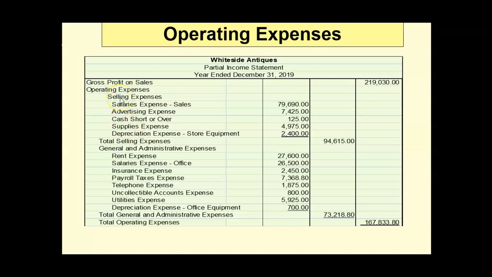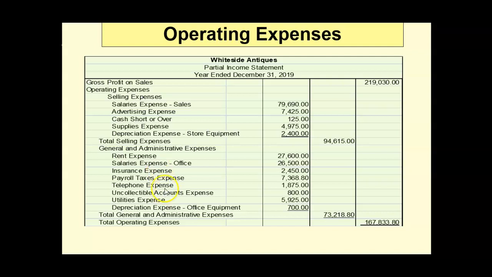When you think about selling expenses, these are the direct cost of selling the actual product. So think about having an actual store location. So the salaries of the store staff, supplies for the store, advertising, depreciation, are all direct costs of selling the product, those are known as selling expenses.